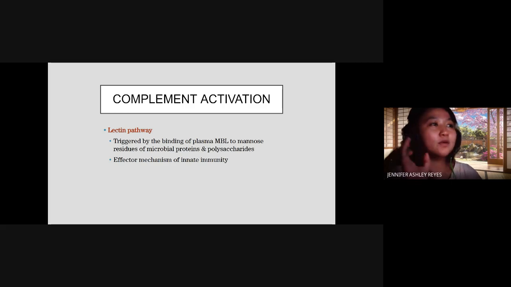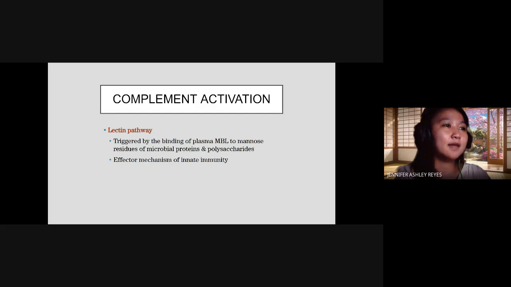So, yung mannose is one of the sugar components of your microbes. And once that it binds, yung MBL magbabind sa mannose, so para siyang antigen-antibody complex na magte-trigger ng immune response. Okay? So, it is still a parang pathogen-associated molecular pattern or PAMP that will allow activation of the lectin pathway.